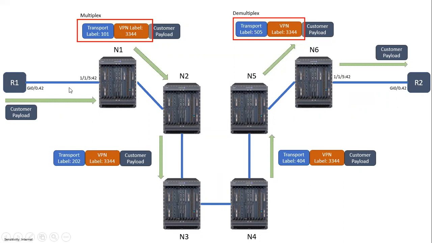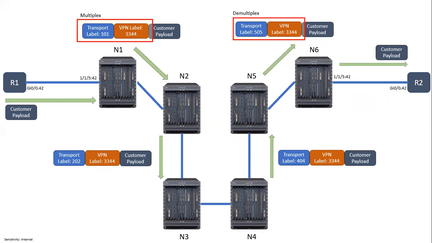That customer payload is going to ingress a particular service access point on the PE router. And based on that service access point, that data is going to be multiplexed or encapsulated with a service label. In the case of our VPRN, it's going to be a VPN label.